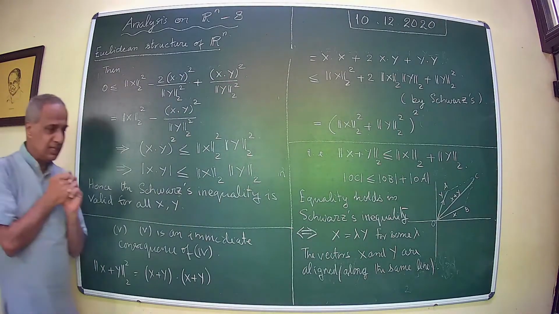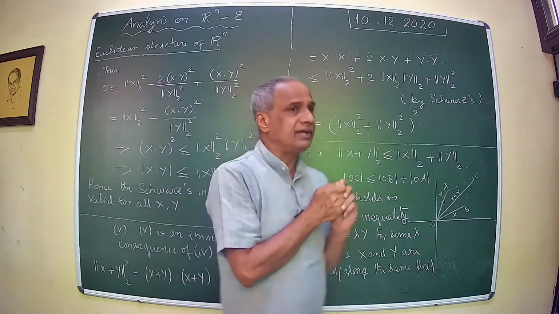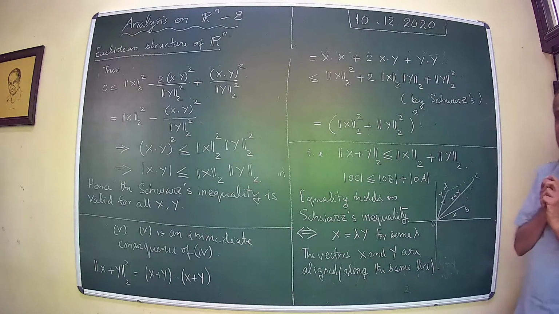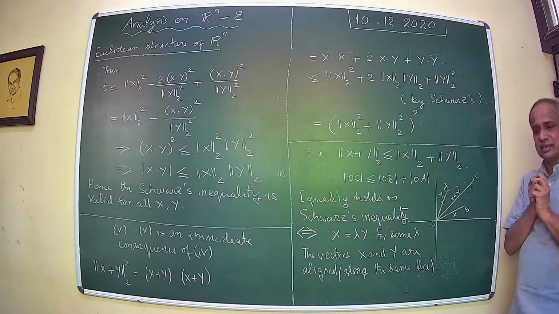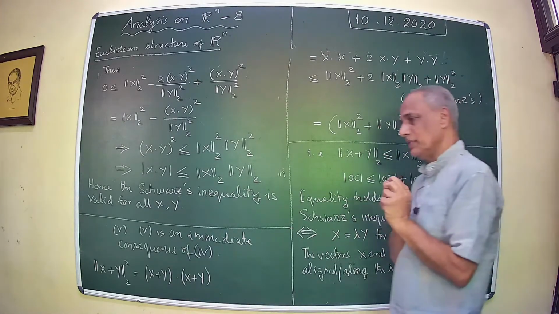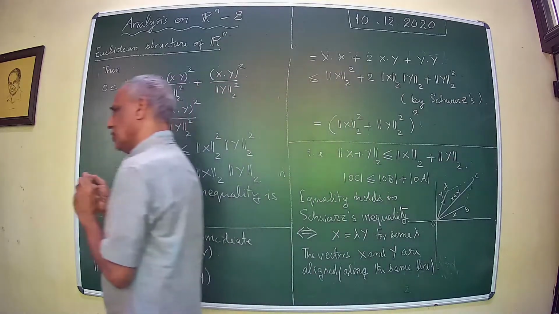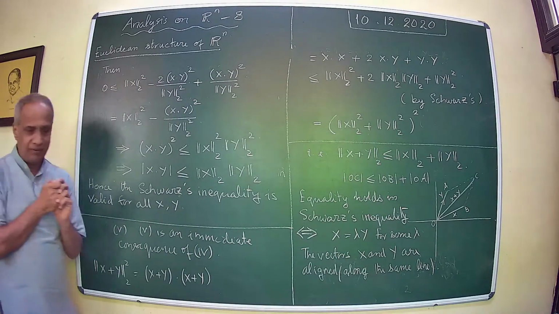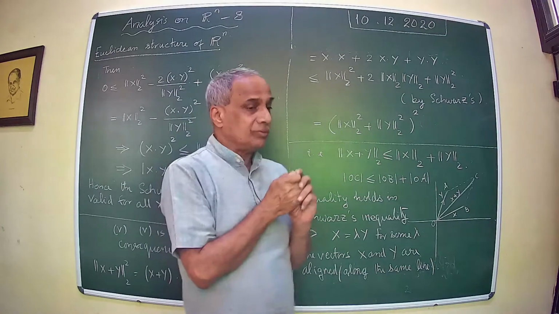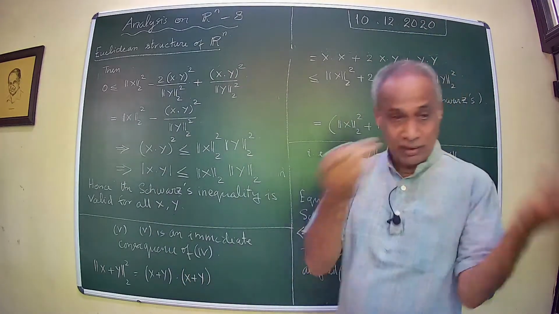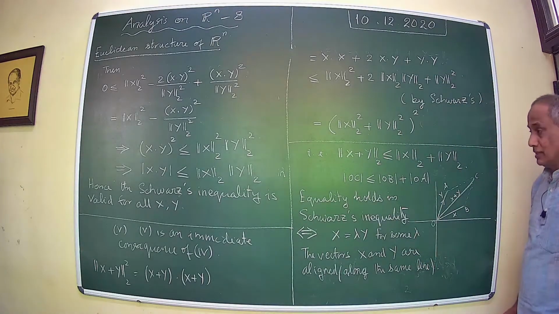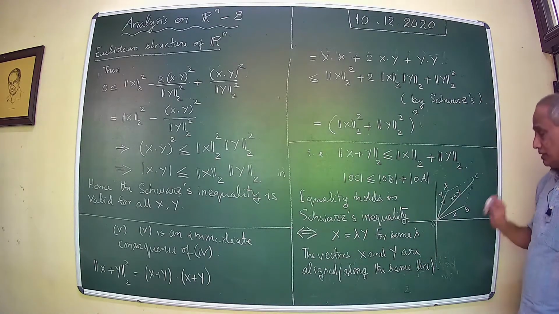But then your experience of working on R2 and R3 can be carried through, and a lot of results can be expected to be true which are normally valid in R2 and R3. Now this is one way of really developing mathematics, and that is something that you should really observe, and this is very important.